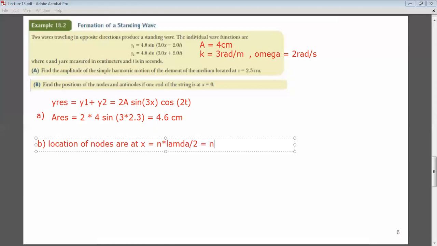Lambda is 2 pi over k. So this is n over 2 times 2 pi over k, which is 3. The 2 and 2 cancel out, and I will get n pi over 3.